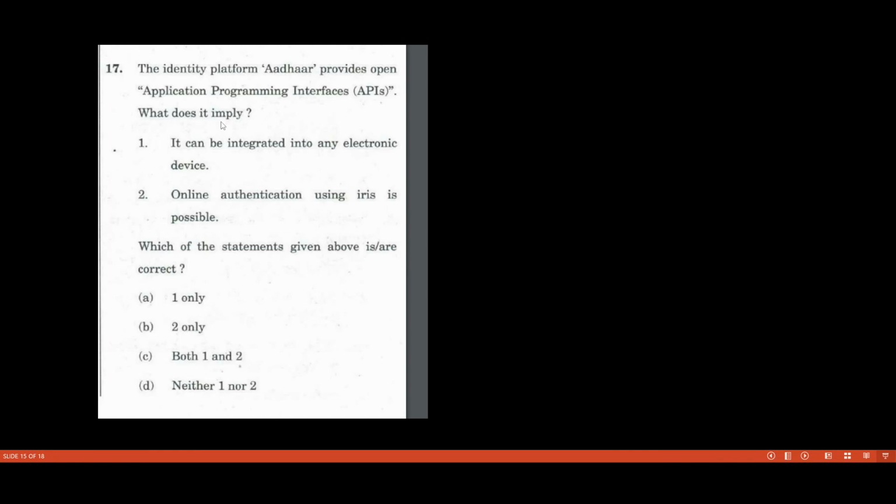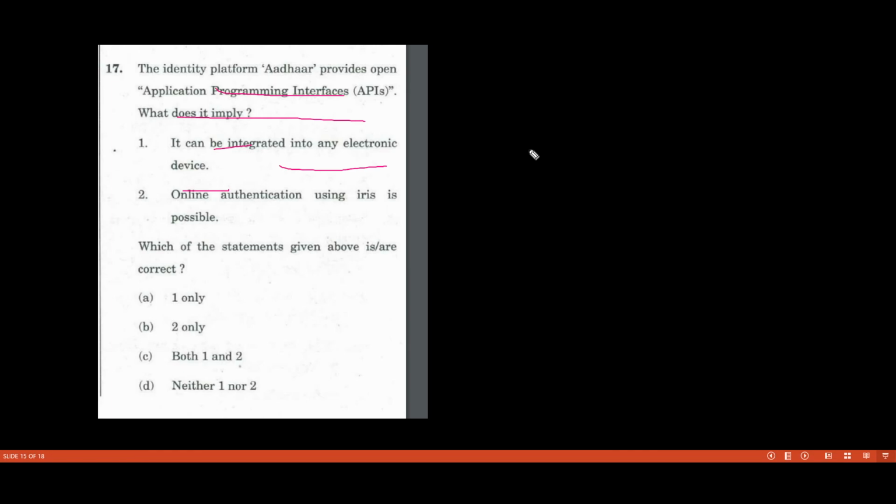Now see, this question is given. All right. The identity platform Aadhaar provides APIs. What does it imply? It can be integrated into any electronic device. All right. So now it is given that it can be integrated into any electronic device. तो अभी APIs जो आधार दे रहा है.